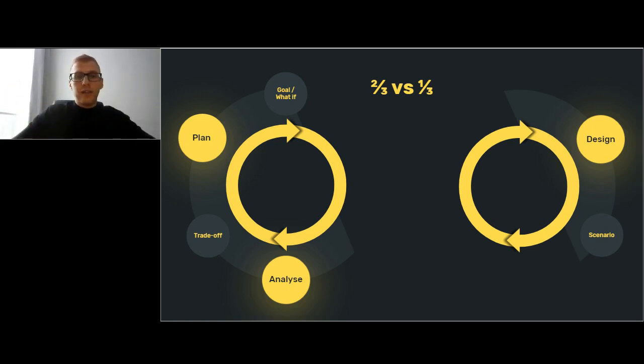Then you will see the picture which you see right now in front of you. So the point here is that we can only do activities like planning goals and analyzing trade-offs by working collaboratively.